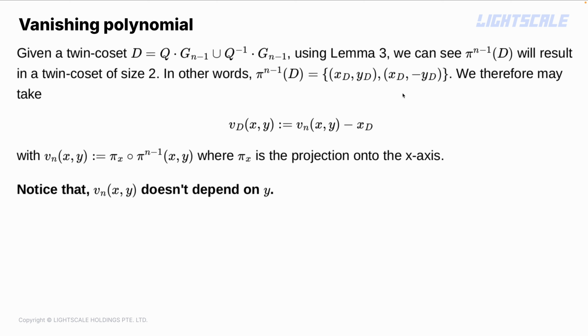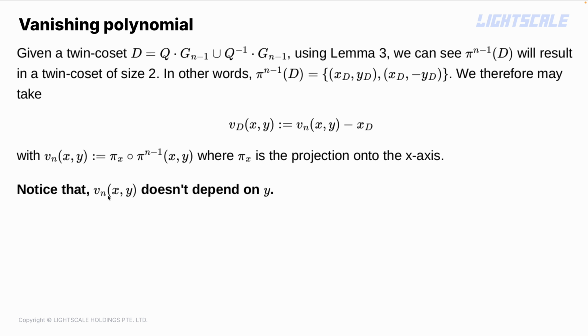We can therefore define this vanishing polynomial as this, where Vn is this n minus 1 times quadratic mapping and then taking the x projection. The result is either xd, yd or xd, minus yd, depending on the x y, and if you take the x projection, it's just xd in either case. So this is xd minus xd, so it's going to be 0, right?